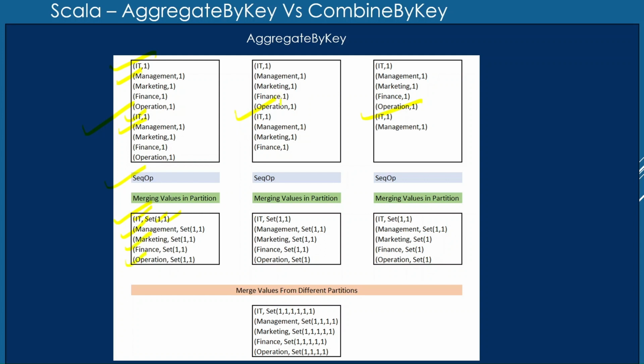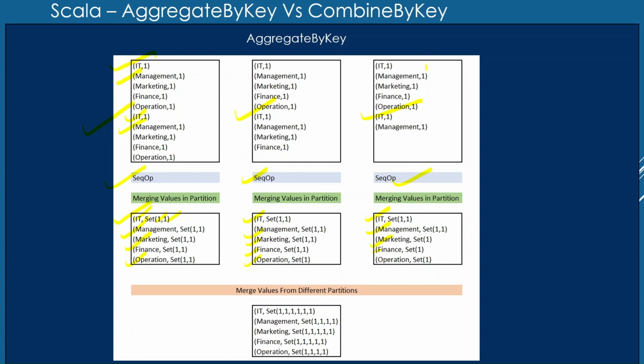Here we can see this sequence operation happening, and it is combining the key and its value. Same here, it is combining the key and its value. So what the sequence operation generally does is combine the key and its value and reduce the data.